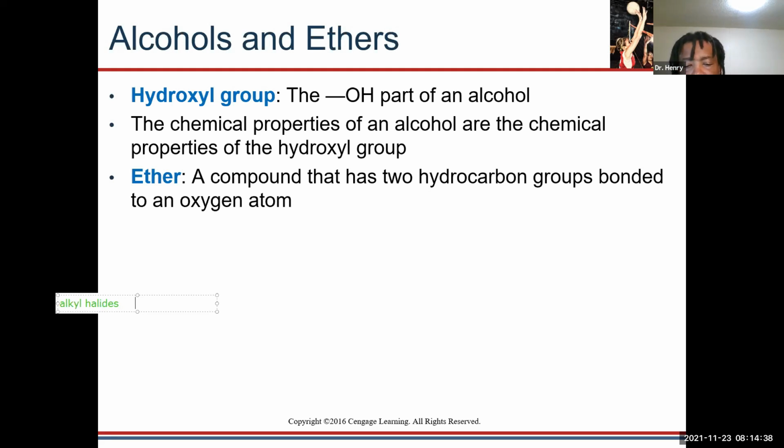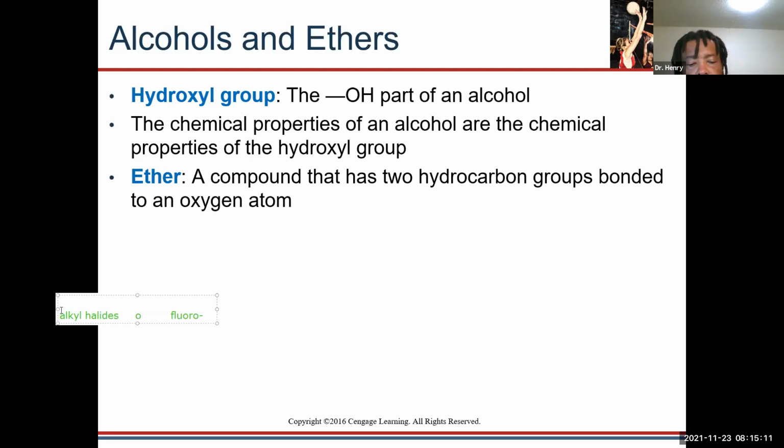So those guys, they're going to end with an O, for example, fluoro. And they're often going to be prefixes. So that's the bottom of the chain.